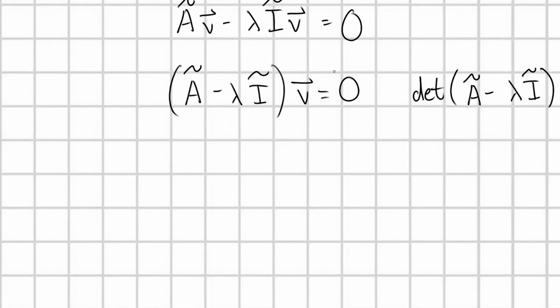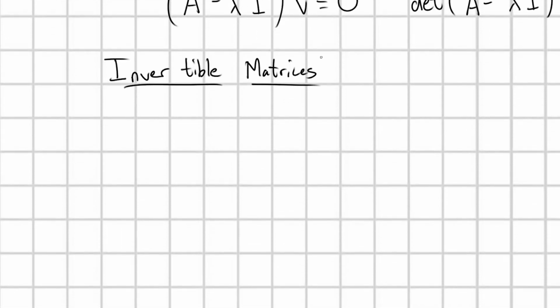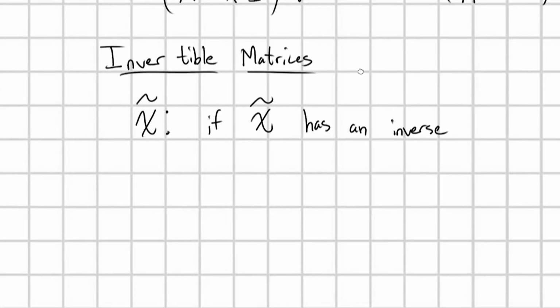So the next thing I want to talk about is invertibility of a matrix, just as a quick refresher. For this little aside, I'm going to choose a new symbol for the matrix that I'm talking about. How about chi? I'm just talking about this chi very generally. If chi has an inverse, or if chi is invertible, those are two ways of saying the same thing, we denote this as chi inverse.